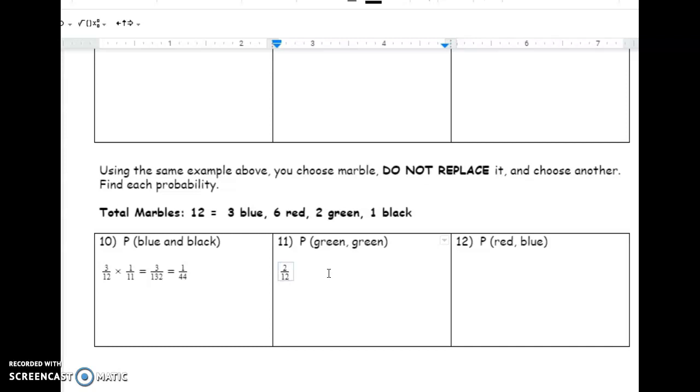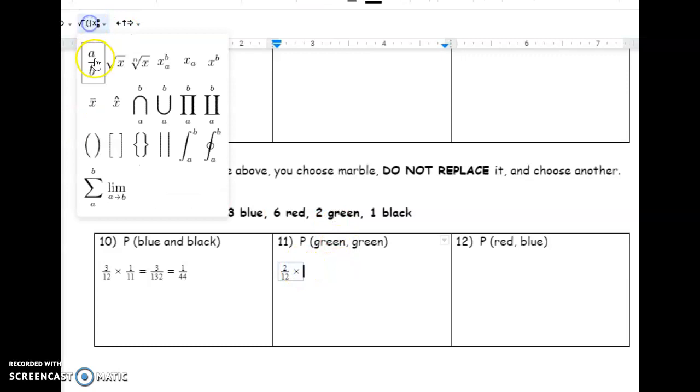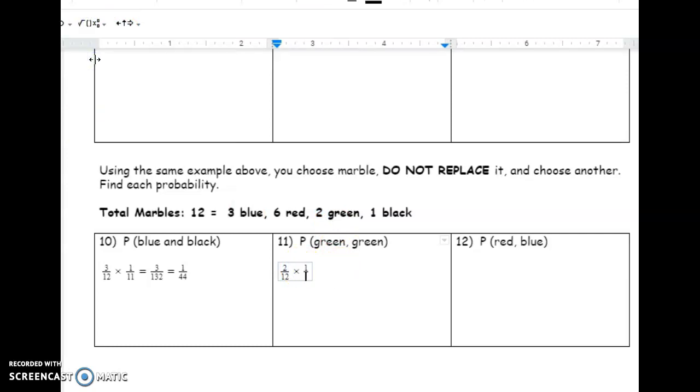And in the bag, I'm left with another 11 marbles because I'm not putting it back. I'm not replacing it. So therefore, I will multiply it by, since I have one green in my hand, I'm only left with one other green inside the bag and 11 total marbles.